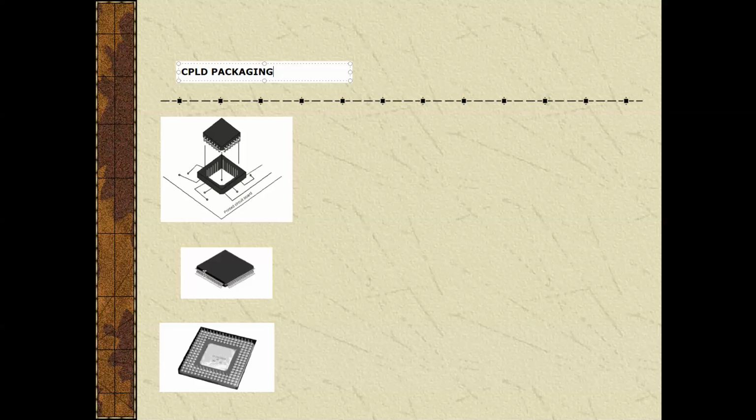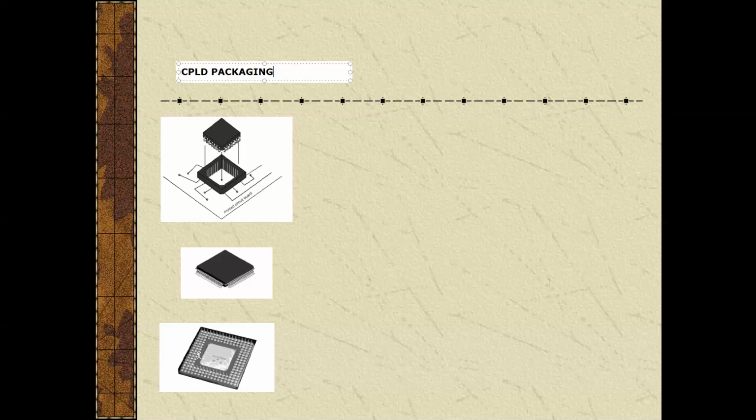And ceramic pin grid array, which is shown in this figure. In this package the pins are extending straight outward, and the bottom view of the PGA package is shown in this figure. And ball grid array.